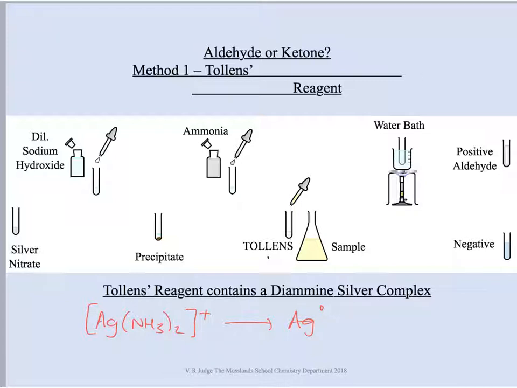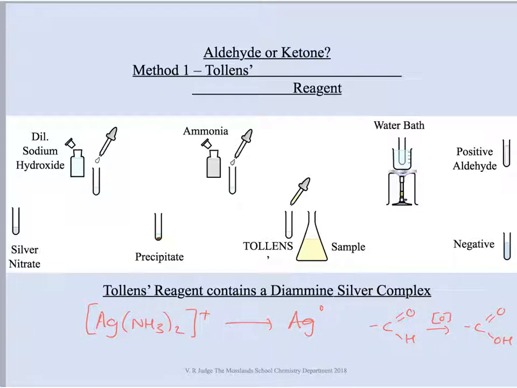So as we know, aldehydes can be oxidised. Aldehydes become carboxylic acids, which you've seen before with the acidified potassium dichromate. With a primary alcohol, it will oxidise to an aldehyde, and the aldehyde will further oxidise to a carboxylic acid. So we know that the positive result is going to be with the aldehyde, whereas the ketone can't be oxidised any further, so you get a negative result with the ketone.